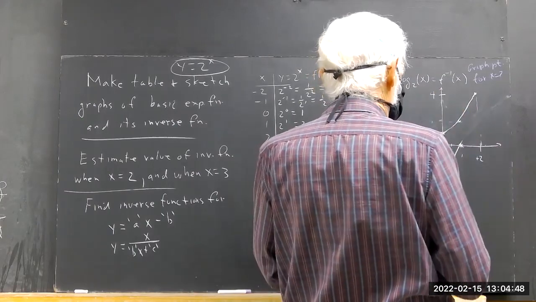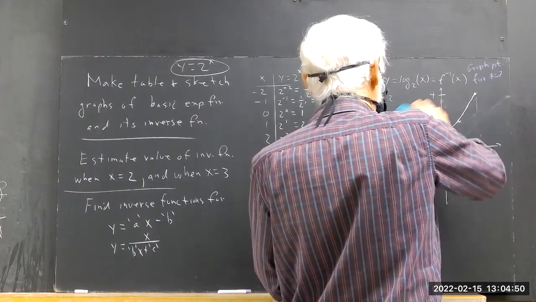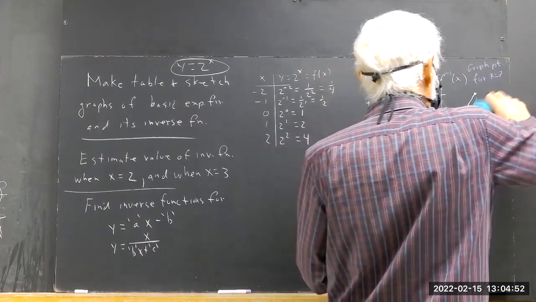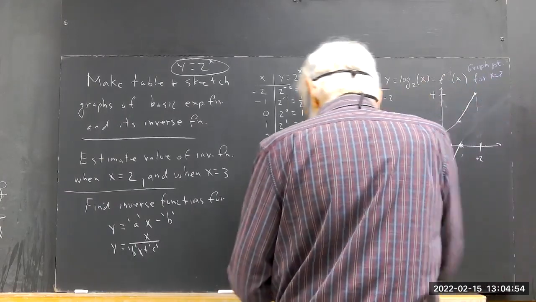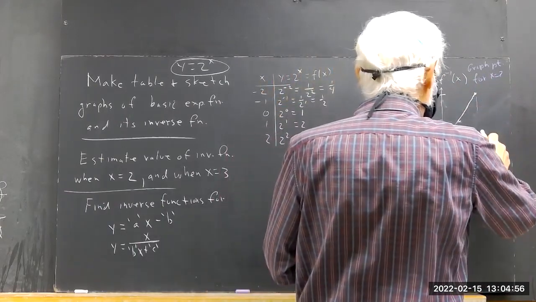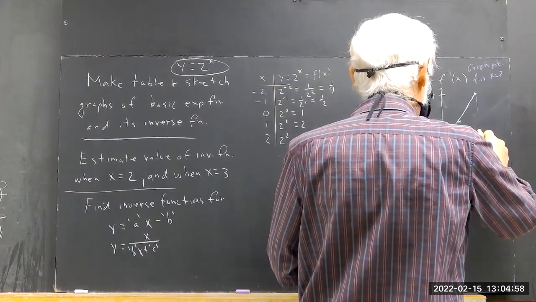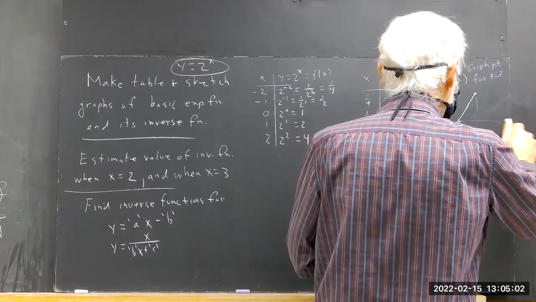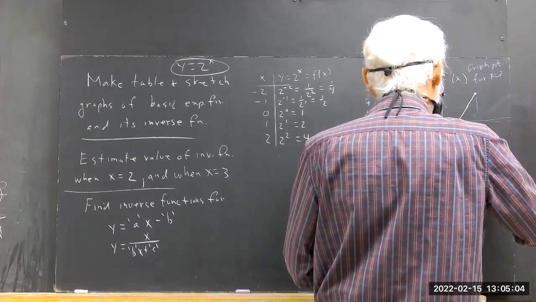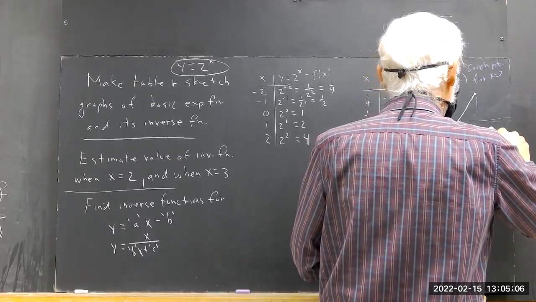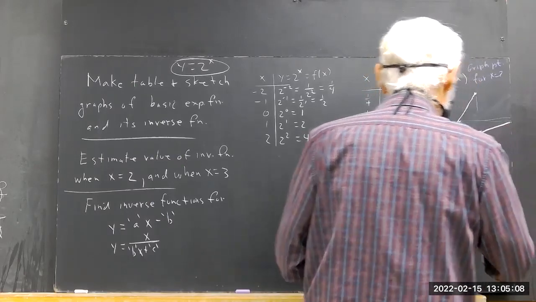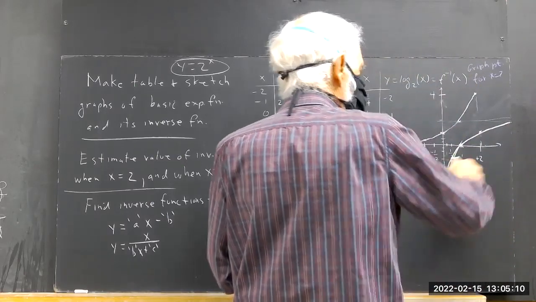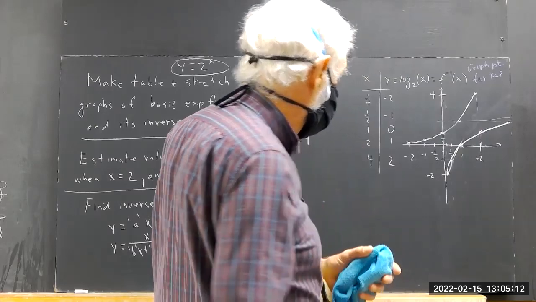A little sloppy, and I do apologize, but we have 2, 1. Okay, 1 is here. And 4, 2, well, x equals 2 goes out here. So this graph levels off a lot more quickly than I showed it. And it's not particularly accurate now, but there it is.